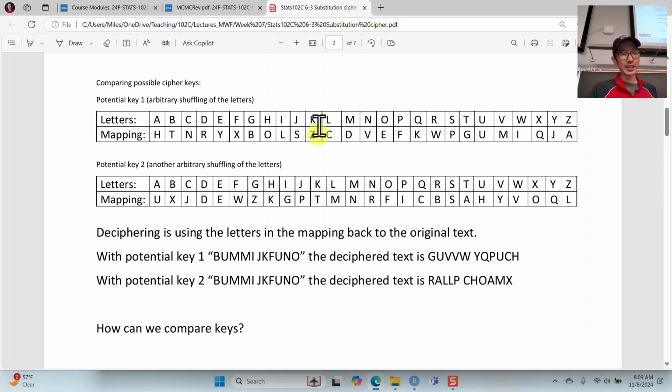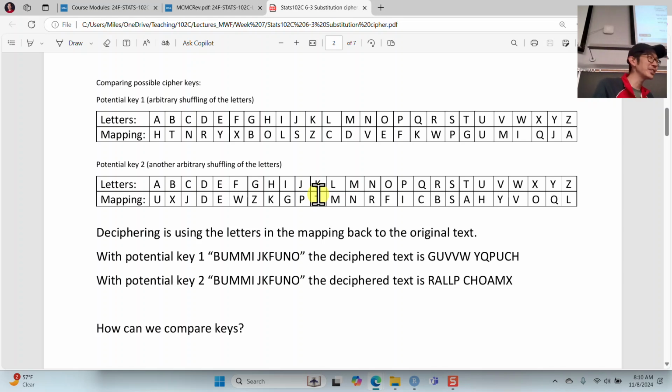A naive approach would be, well, here's a potential key, where I have just scrambled up the letters. And so here's one possible deciphering key. Here's another possible deciphering key. Just imagine you have a bunch of these encoding keys, and you forgot which one you're supposed to use for this message.